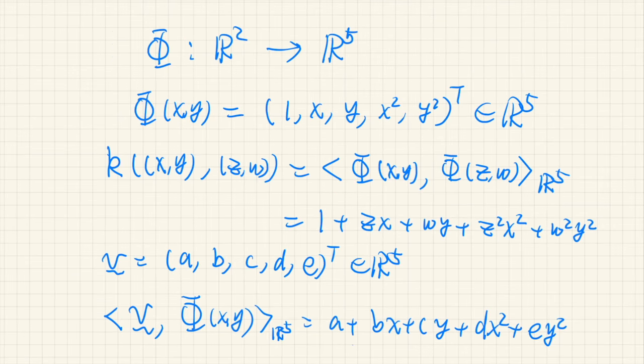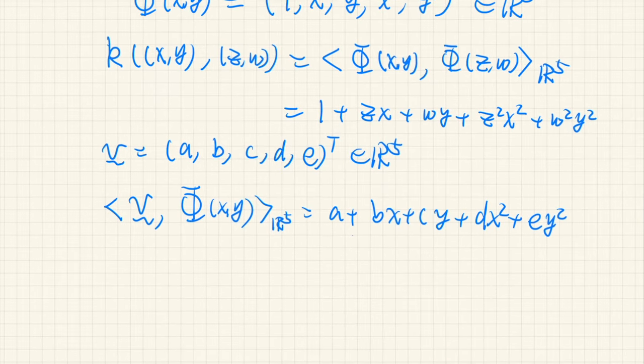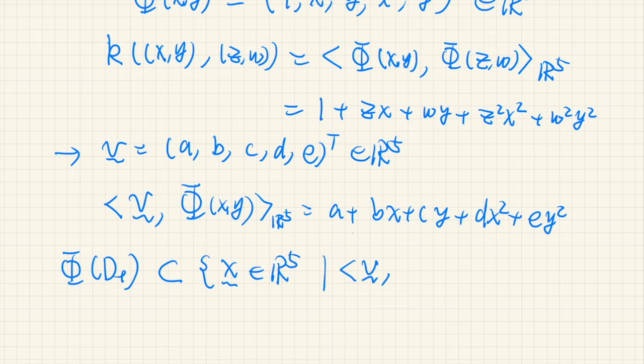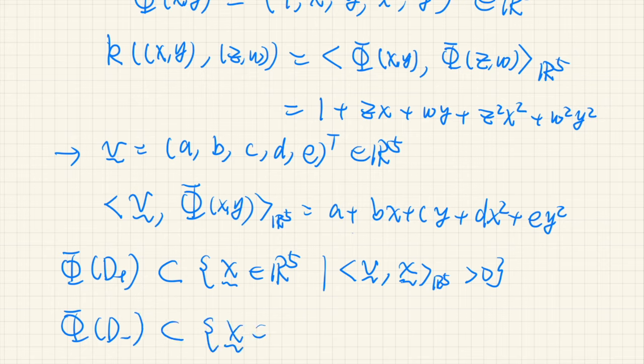So the present nonlinear classification problem may be solved if we can find a vector v such that the image of D plus by phi is a subset of the set of x in the five-dimensional space where the inner product between v and x is positive, and the image of D minus by phi is a subset of the set where the inner product between v and x in the five-dimensional space is negative.